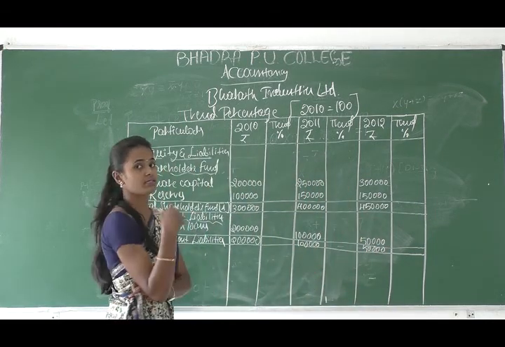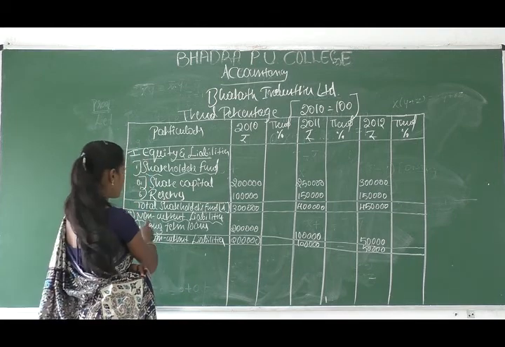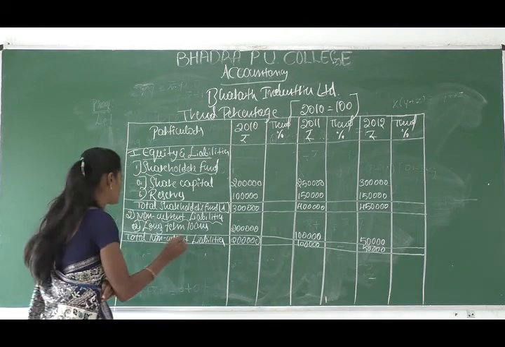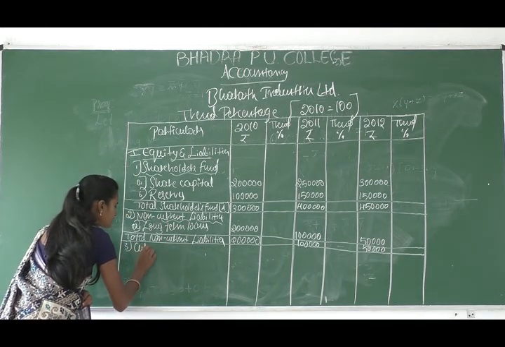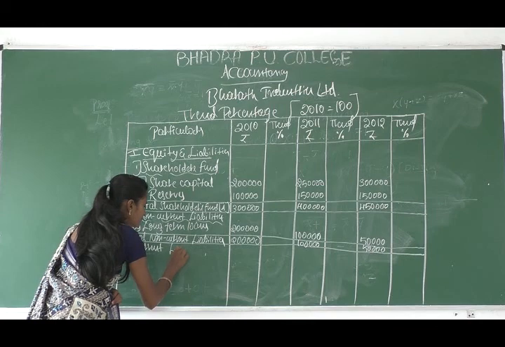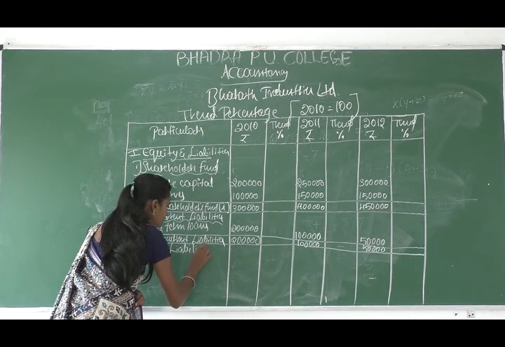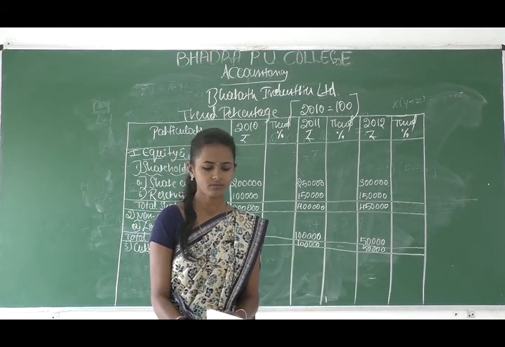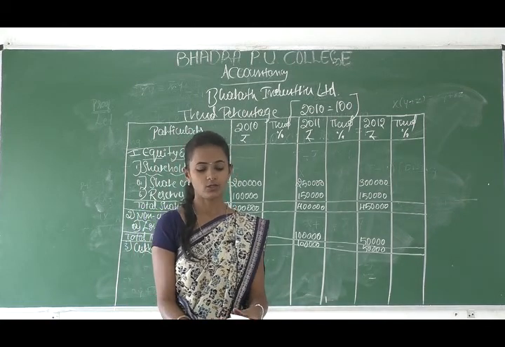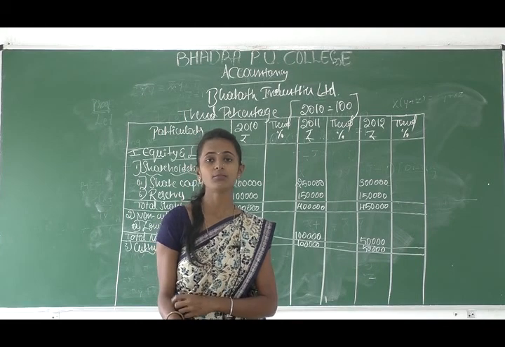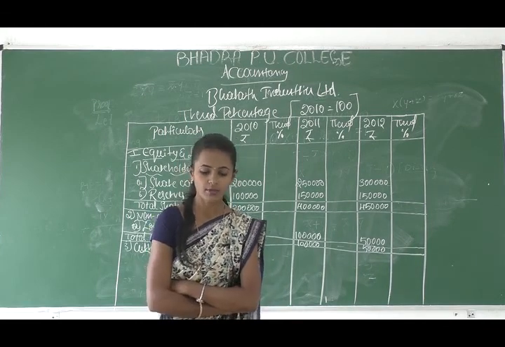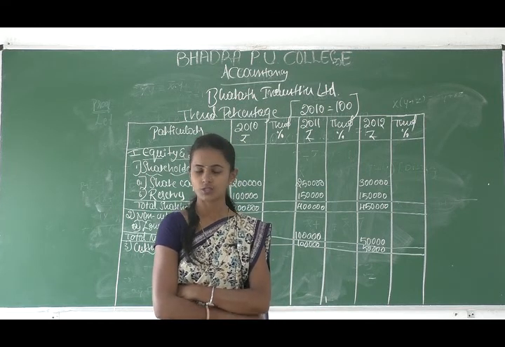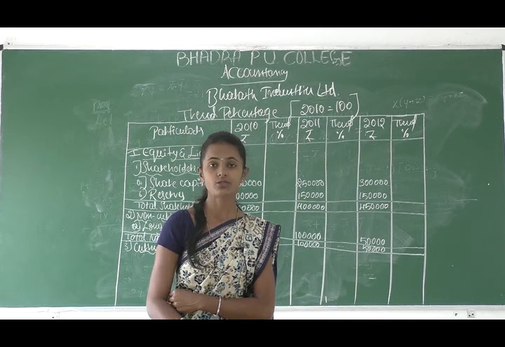Yes, again go back to your format. The second one is non-current liabilities and the third one is current liabilities. I'll write here current liabilities. Look at your current liabilities: the first item is short term borrowings. Come to your question and check whether short term borrowings are given. Not given in the problem, just leave it. The second item is trade payables.